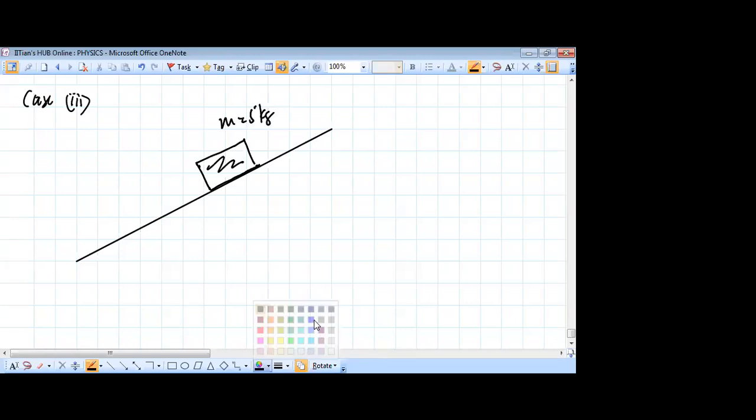Same 5 kg block, but this time we are applying a horizontal force and trying to pin it against the inclined plane, but not with a force along the incline, but rather with a force which is horizontal. So we are applying a force of 50 newtons. And the rest of the things are the same. Theta is 30 degrees.